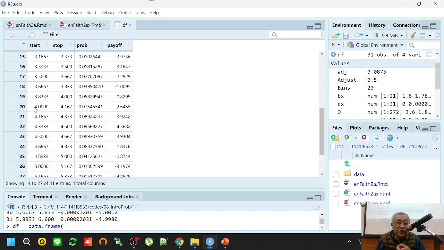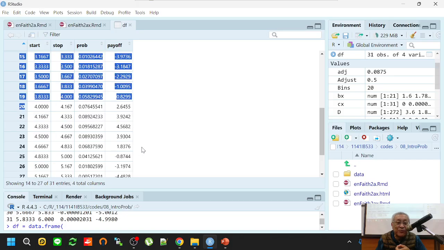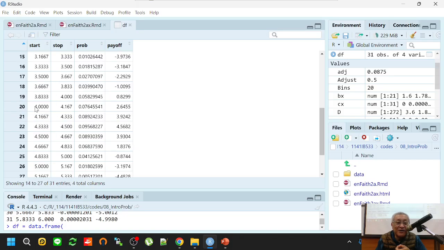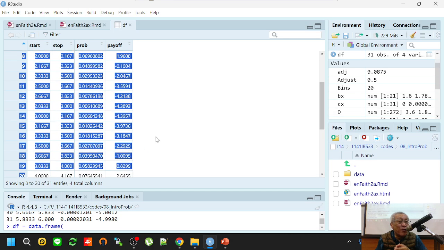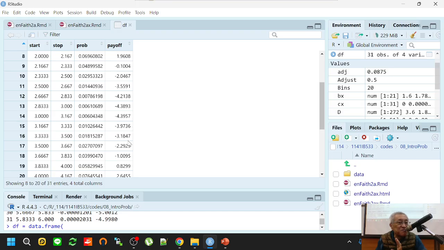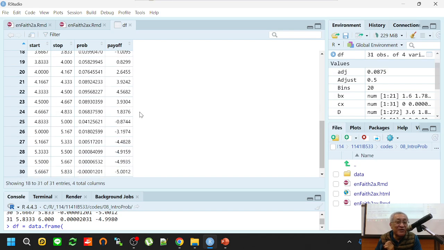And here you will see some positive ones. So for most of the 10-second periods you don't want to bet on it, but for some that have a positive payoff, you want to bet on them.